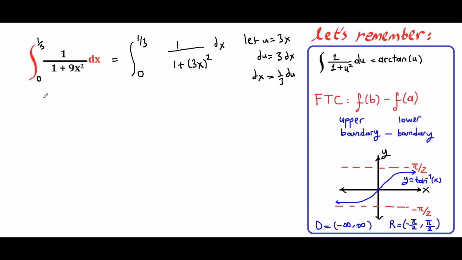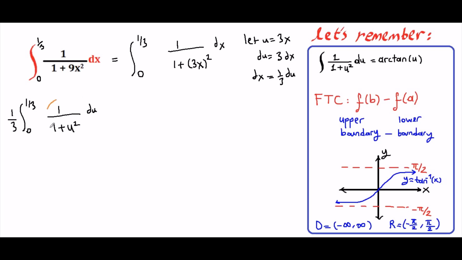Now let's rewrite everything in terms of u. Our integral from 0 to 1/3 of 1 over 1 plus u squared, and instead of dx we have 1/3 du. We can write du here and pull 1/3 in front of the integral sign.